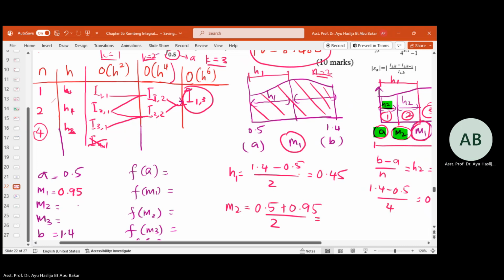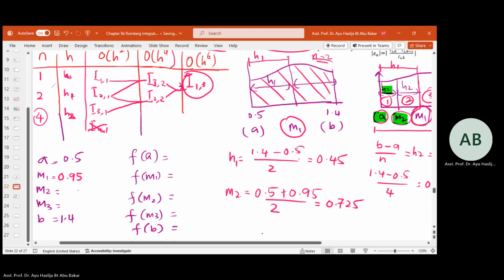What you will get? 0.725, right? Another method? Using H2. A plus H2. 0.725 as well. Both ways correct.